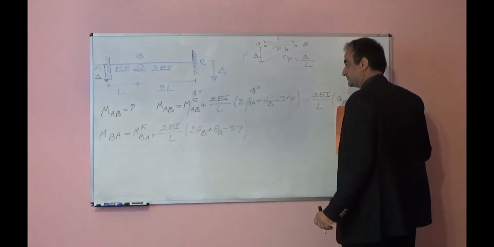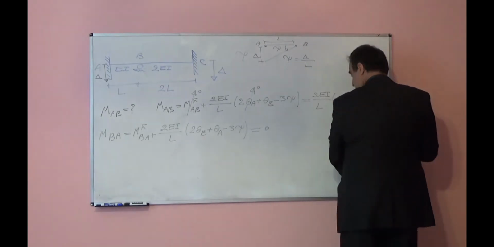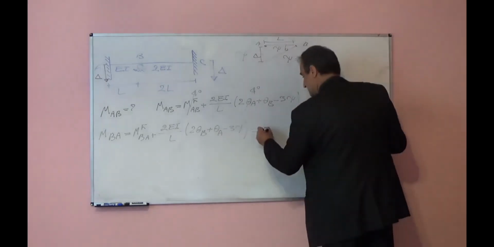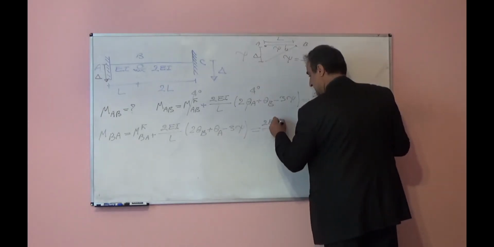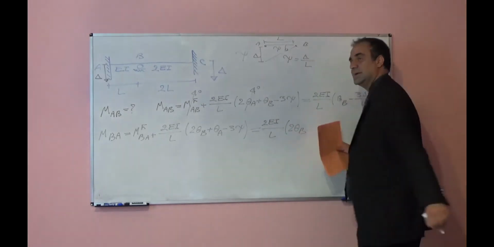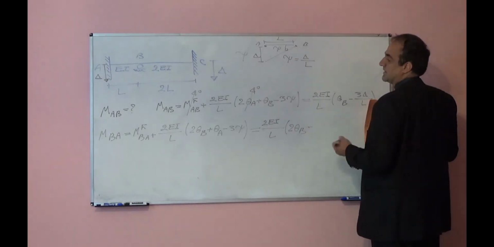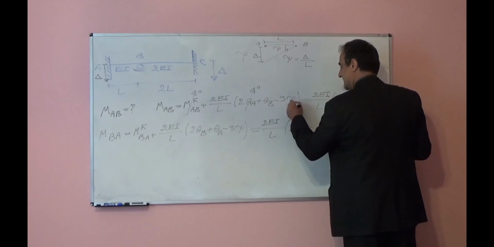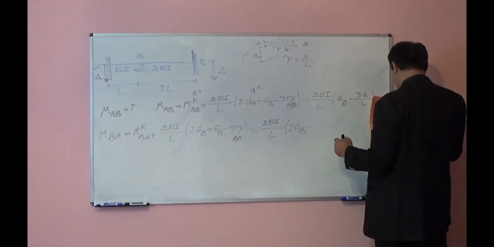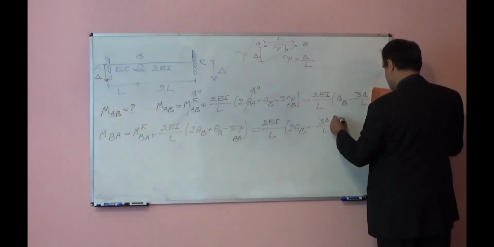Here M fixed BA is 0, so we don't have this term because there is no external load. 2EI over L, 2 theta B, theta A again is 0, minus, again psi is the same thing. This is psi AB, this is psi BA, both are equal, minus 3 delta over L.